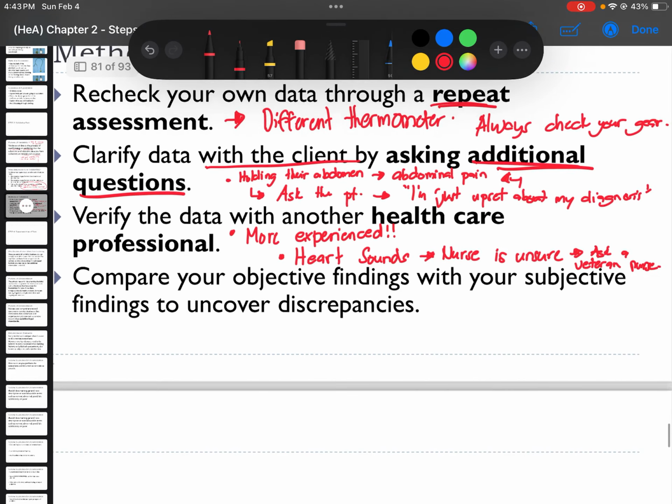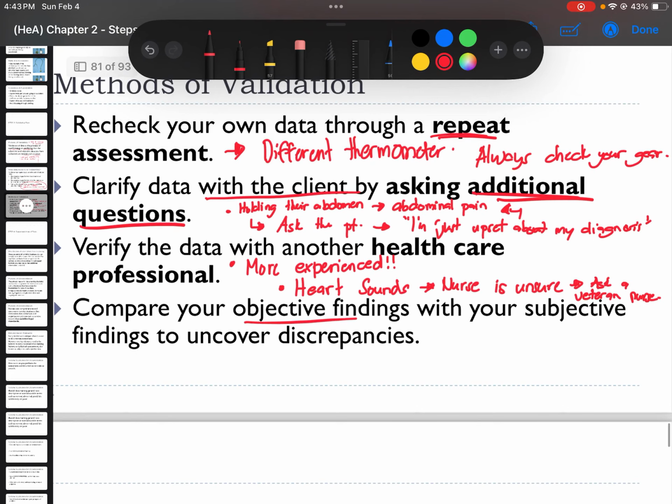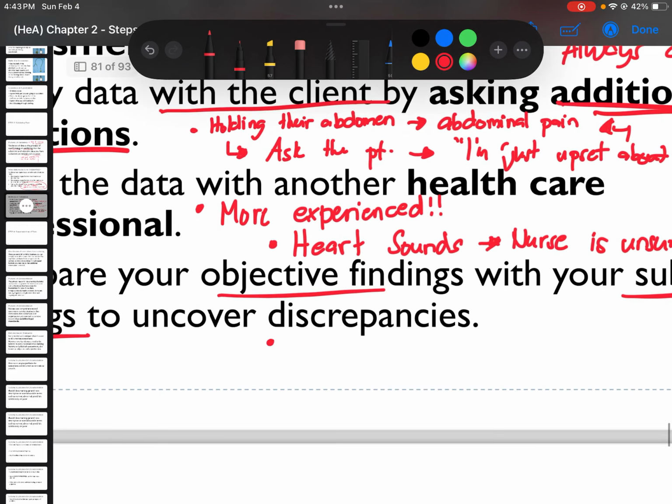And lastly, class, is to compare your objective findings with your subjective findings to uncover discrepancies, no? Uncover discrepancies. Okay? Like for example, class, the patient might say, I'm not getting enough sun.